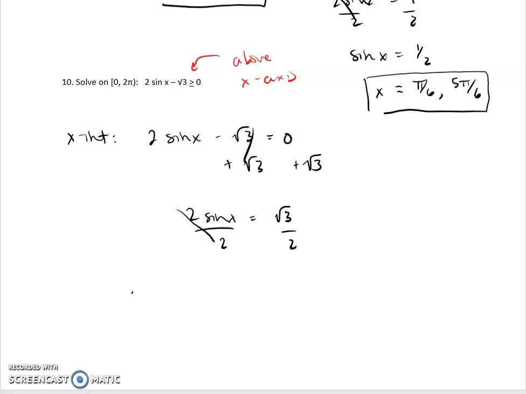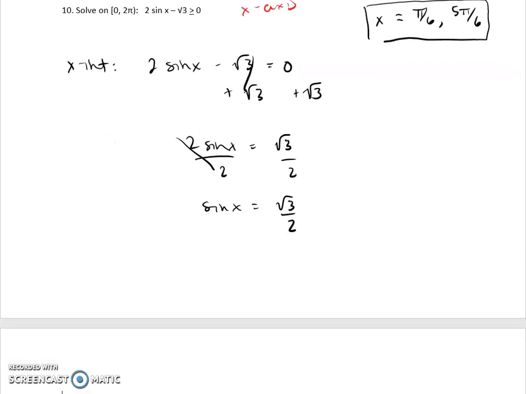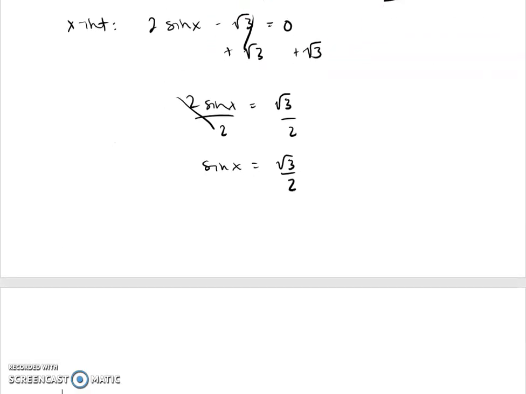Divide both sides by 2, and we get sine x equals square root of 3 over 2. So we're going to look at all the places from 0 to 2 pi where that happens. Looking at the unit circle, x is equal to pi over 3 and 2 pi over 3.